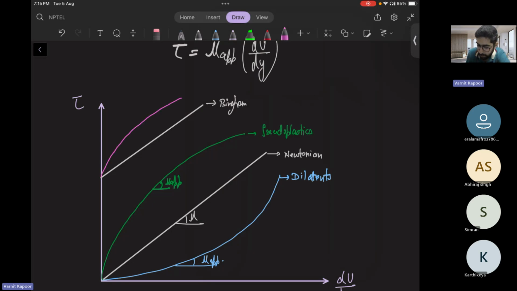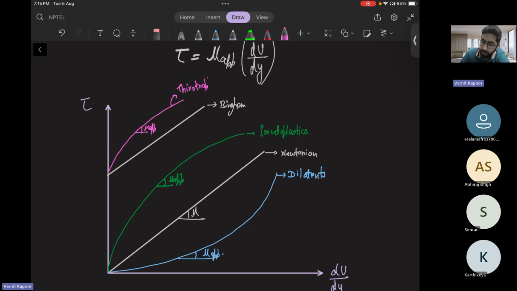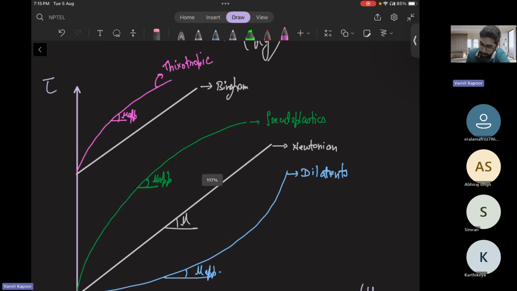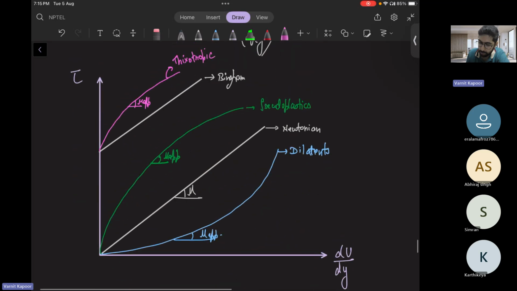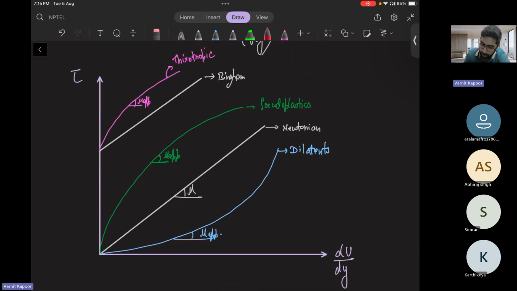These are your thixotropics where your mu apparent decreases and B is also non-zero. Okay, these are thixotropic. And these are your rheopectics. This is your mu apparent. Here this was your mu apparent. These are rheopectics.